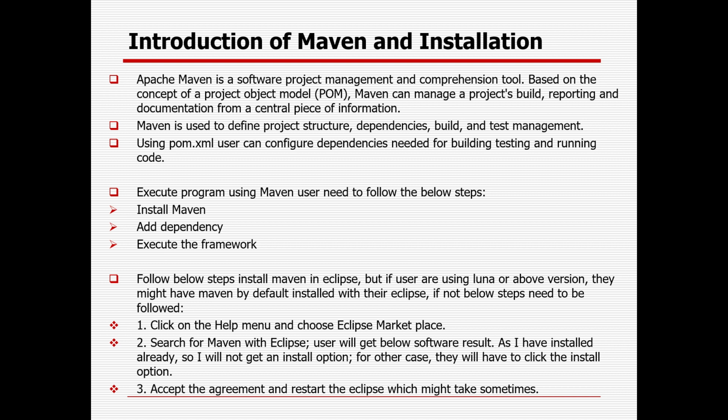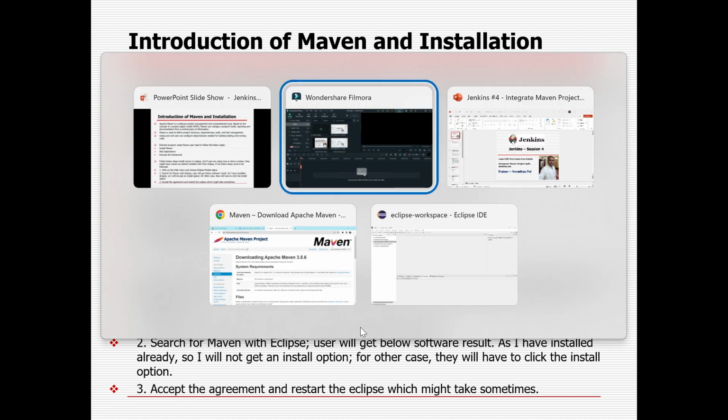In case you are using any Eclipse version, Luna or above, Maven will automatically be there in the Eclipse. Otherwise, in case you are using a lower version, then you can install Maven in your Eclipse by following these 3 steps. You need to go to the Eclipse marketplace.